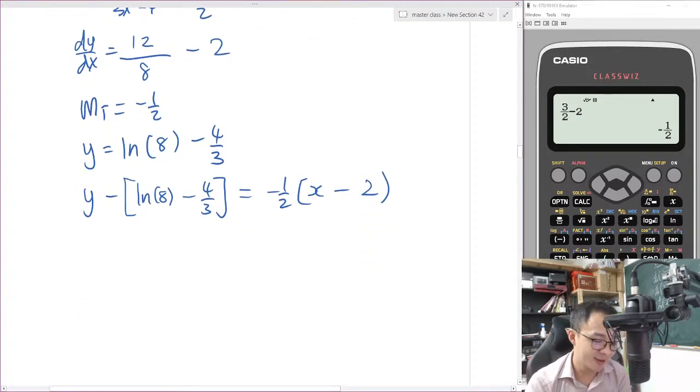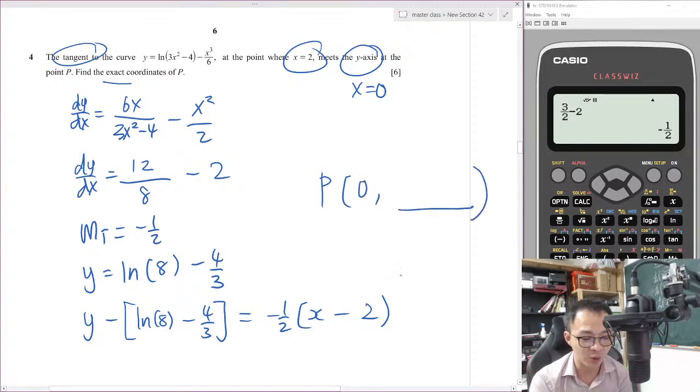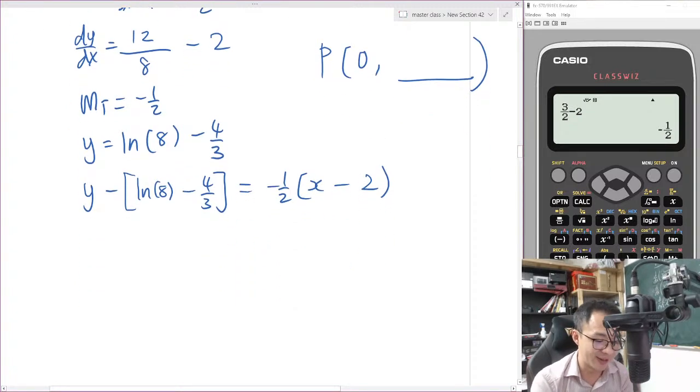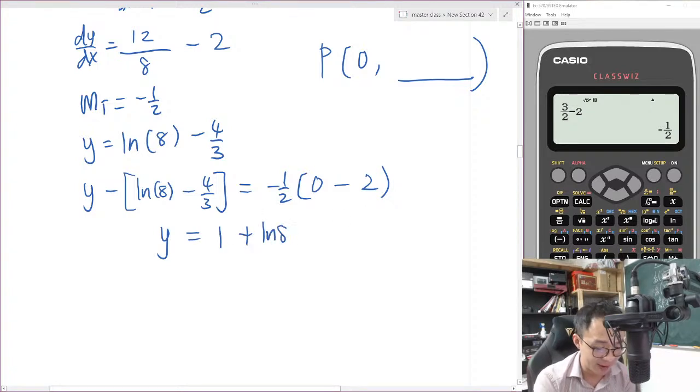The next thing is this equation is going to intersect the y-axis, and the y-axis means x equals 0. So for my coordinate P, x will be 0. I need to fill in my y coordinate here, so I make x 0. So y equals negative half times negative 2, which is 1, plus ln 8 minus 4 over 3.